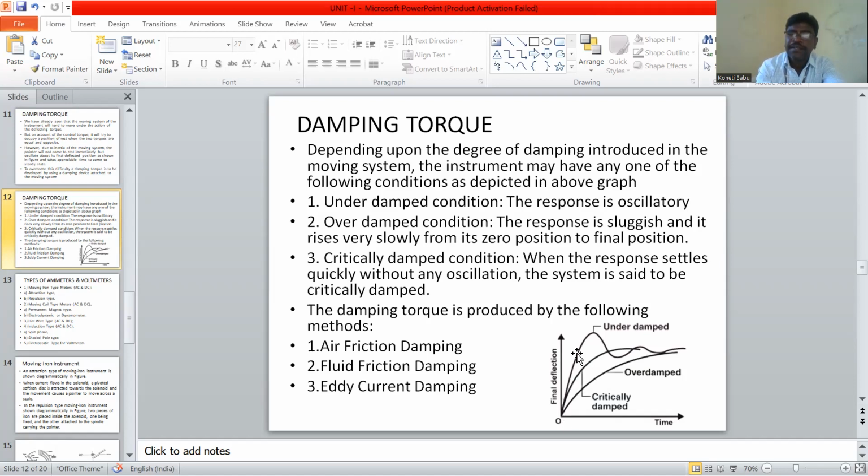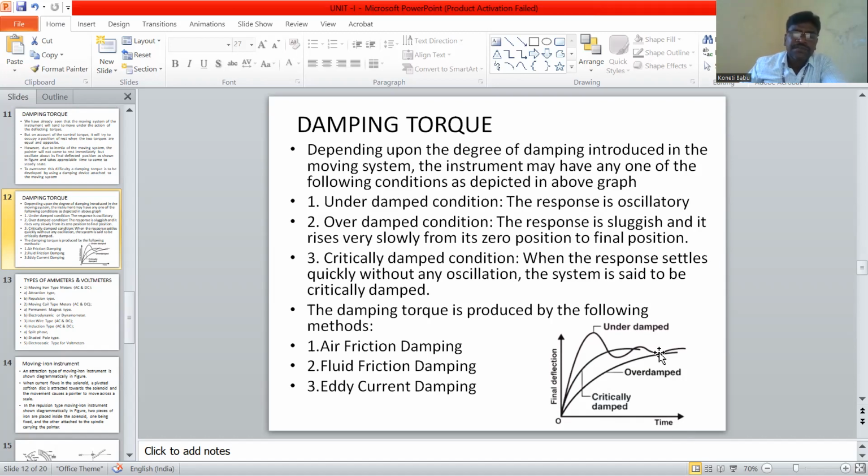In over damping, the pointer comes to rest sharply, very quickly. In critical damping, the pointer comes to rest position moderately. These are the different types of damping systems.